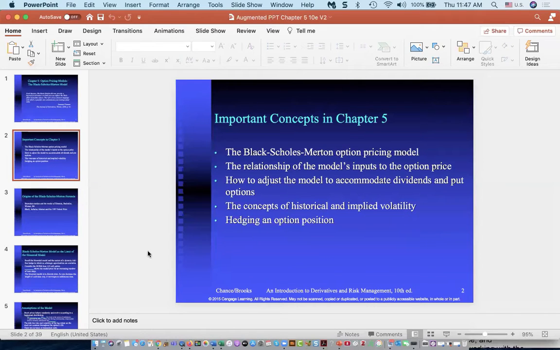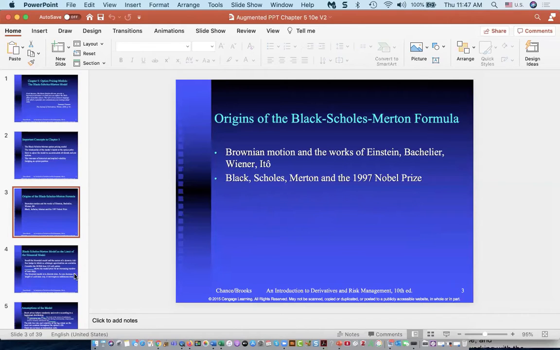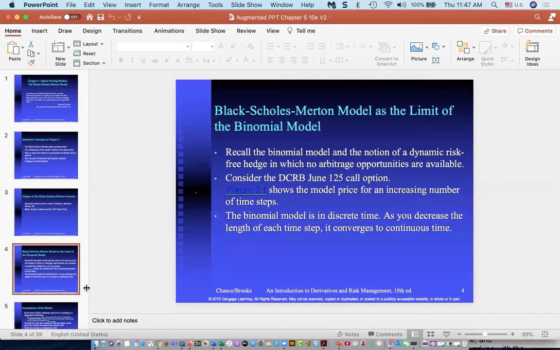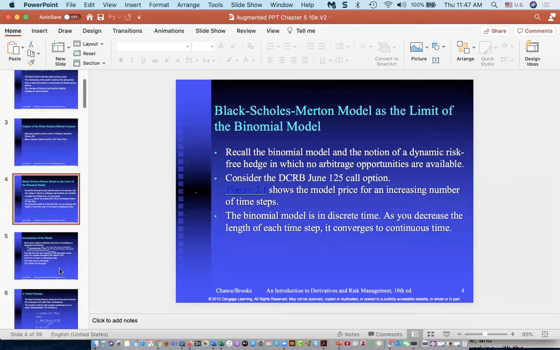The Black-Scholes option pricing model relates the call option price to various variables, and this is the 1997 Nobel Prize that we talked about.